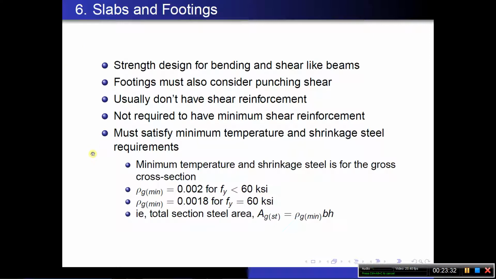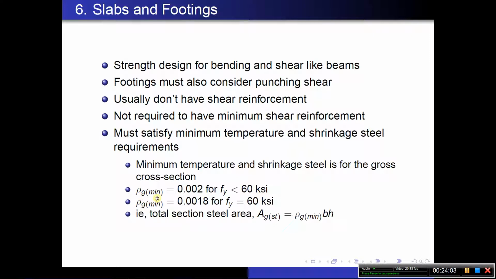However, for slabs and footings, we do have some requirements for a minimum amount of temperature and shrinkage steel. And those values are based on the gross cross-section of the slab or footing. And this is just like when we were talking about columns. We had a gross cross-section, and we could calculate a rho g value for the gross cross-section.